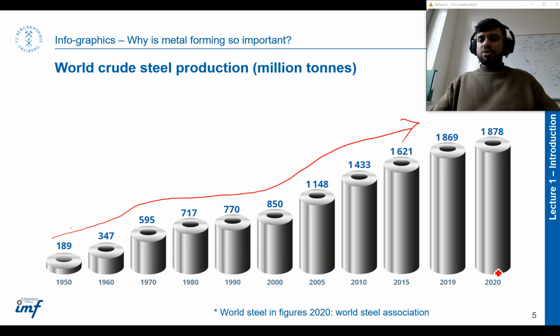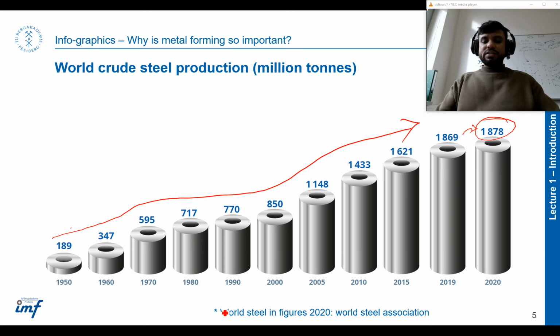And now in 2020, although it was in the peak times of corona, and a lot of industry and trade was affected, we still see a slight hike here, and the world crude steel production is standing around 1,878 million tons per year.